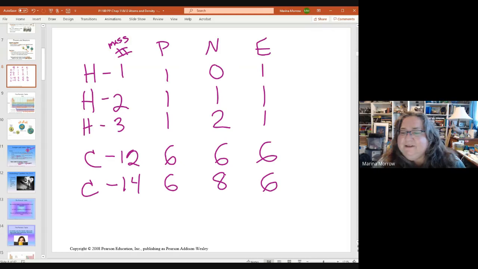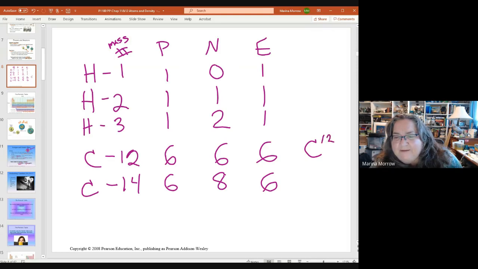Now, sometimes you'll see this written as carbon, and they'll put the 12 up above and the 6 down below to remind you how many protons there are. That's another way this is written.